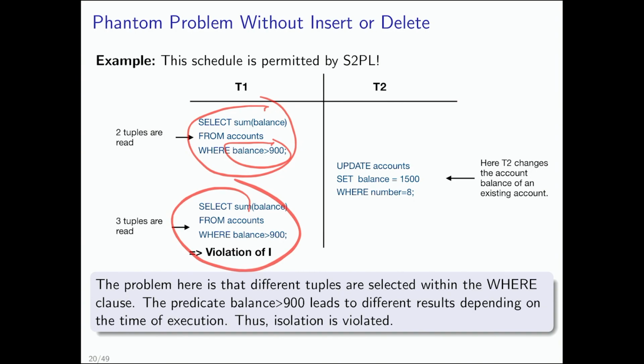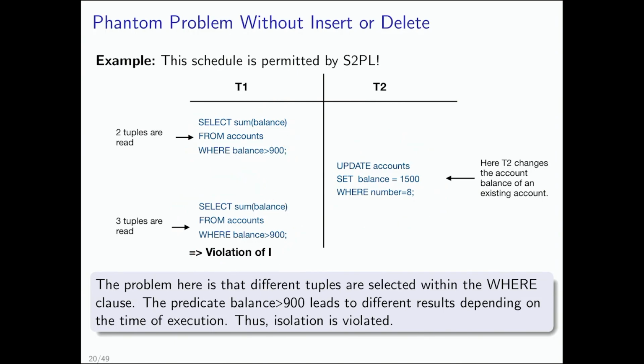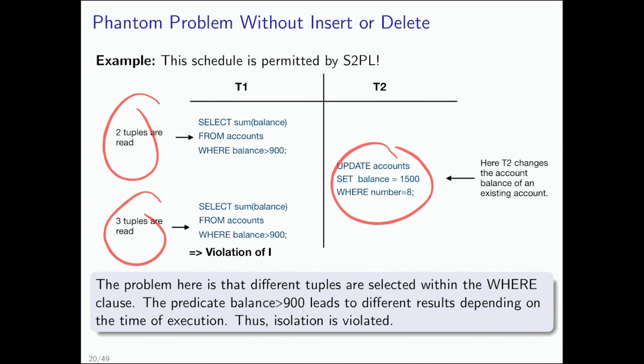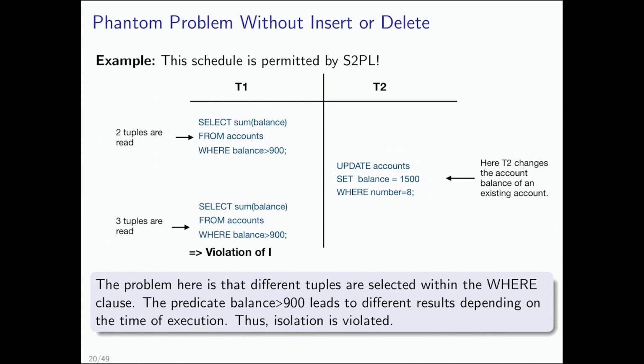And now you don't insert an account, but you set the balance of one of the accounts to something higher than 900. That's what's happening here. And now all of a sudden you don't have two tuples anymore that qualify, but three tuples. So it's the same thing. You're reading something that differs from what you read before. That's again the phantom problem due to selecting multiple tuples in the where clause. And that's also a phantom problem, even though you don't do an insert here.